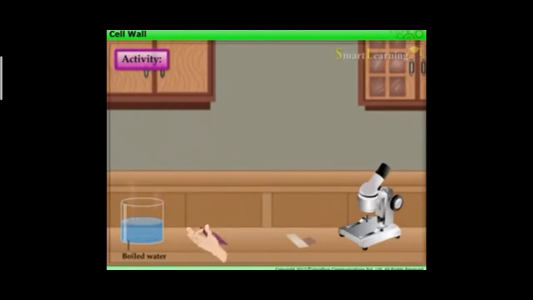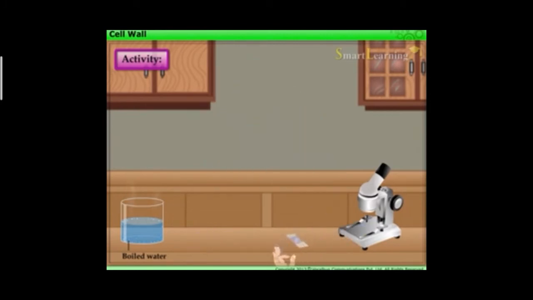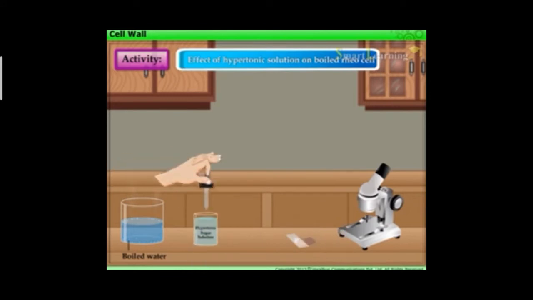Similarly, prepare a slide of a boiled leaf under a microscope. We will find discolored stomata and other organelles. Now on the same slide, add a drop of hypertonic solution. Observe it under the microscope after a minute.